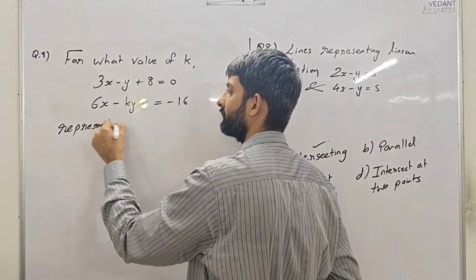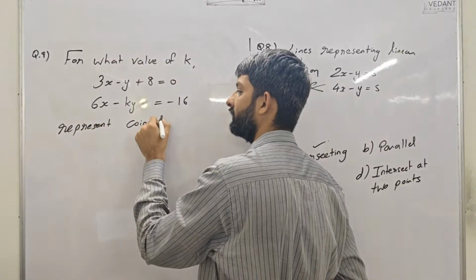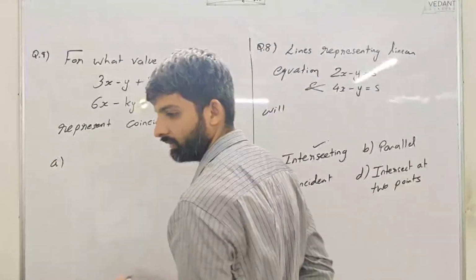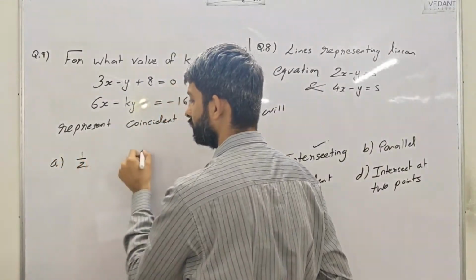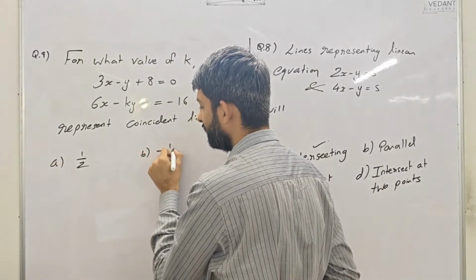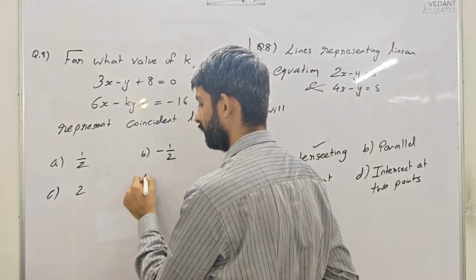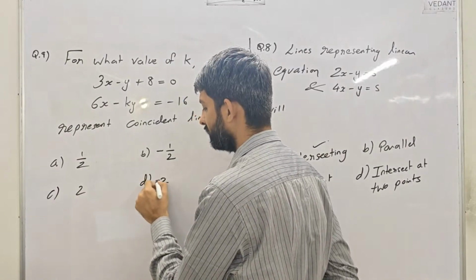Represent coincident lines. So for what value of k it represents coincident line? Option A is 1 by 2. Option B is negative 1 by 2. Option C is 2. Option D is minus 2.